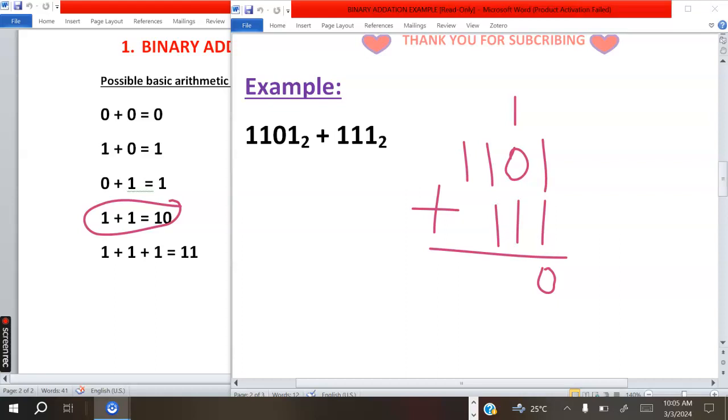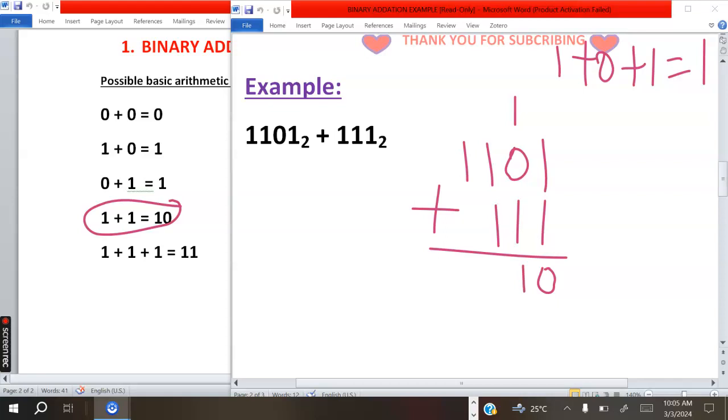So we will have 1 plus 0 plus 1. I think you still remember we had done the same thing. 1 plus 0 plus 1 is equal to 1. Therefore, you write the 1 here.